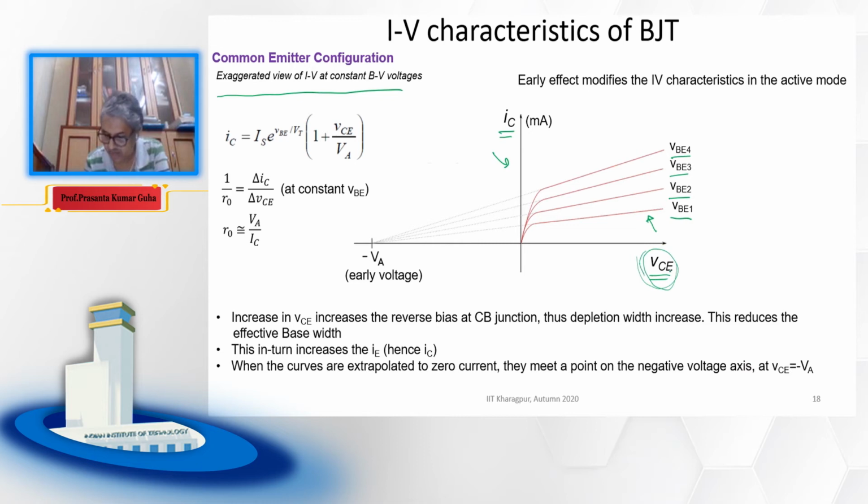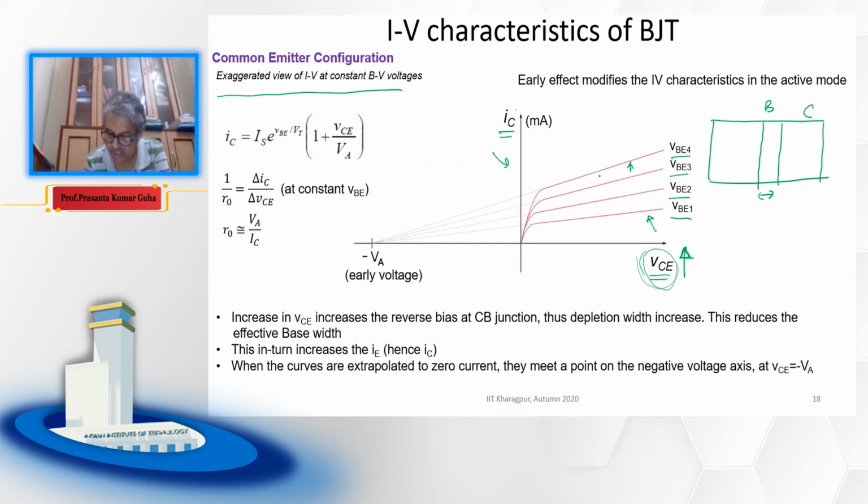This is obvious, because as I mentioned earlier, if you increase your VCE, your reverse bias is going to increase, and this effective base width is going to decrease, and if it decreases, IC is going to increase.